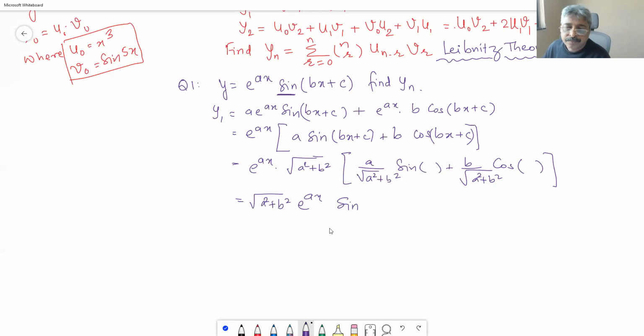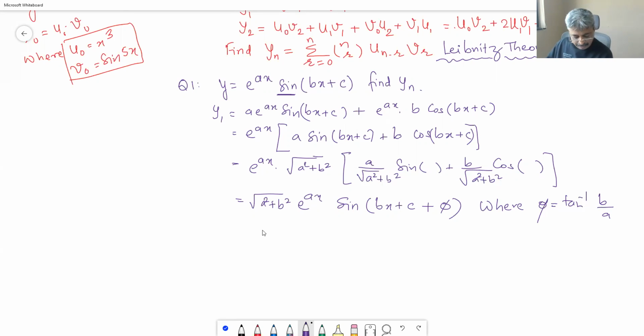Therefore, it is sine of this term bx plus c, and this is going to be some angle phi, where phi is tan inverse b by a, because this is our sine, this is our cos, therefore sine upon cos is going to be b by a, which will be tan phi, therefore phi is equal to tan inverse b by a.